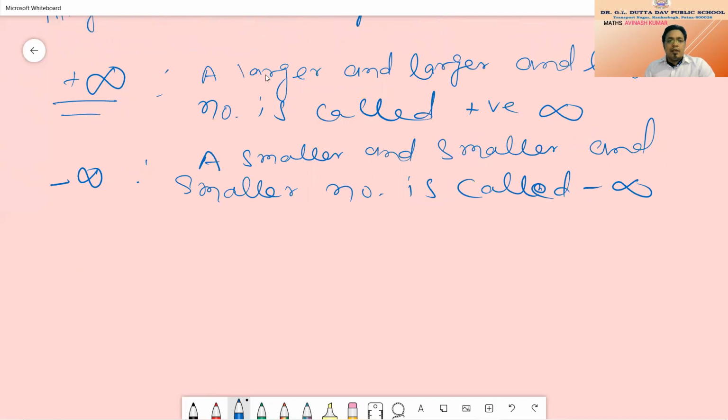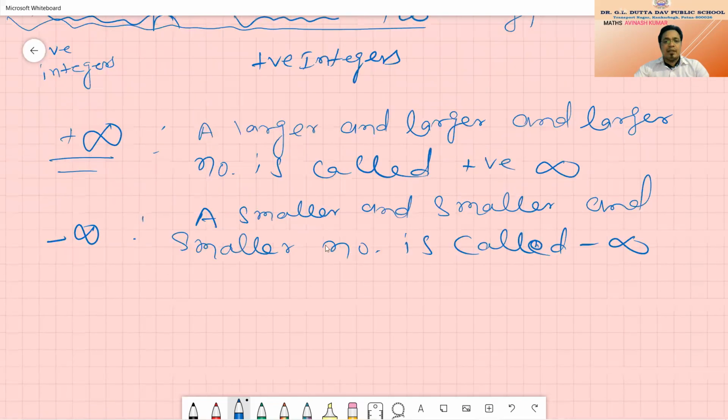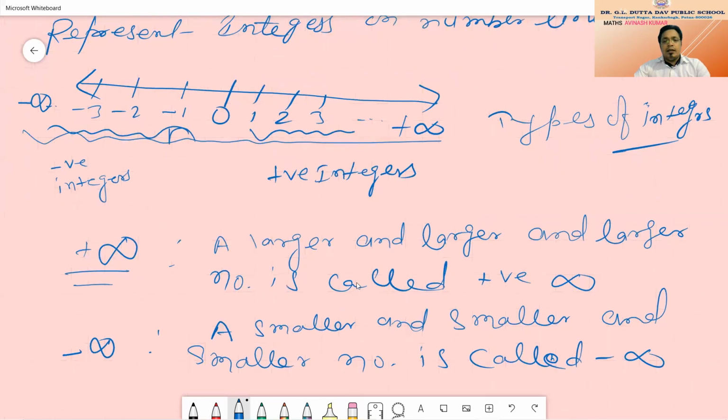Now, students, we understood integers and types of integers, and the third type of integer. As I have told you, there are three types of integers: one is positive integer, second is negative integer, and the third one, for which there is only one example, is the non-positive, non-negative integer.